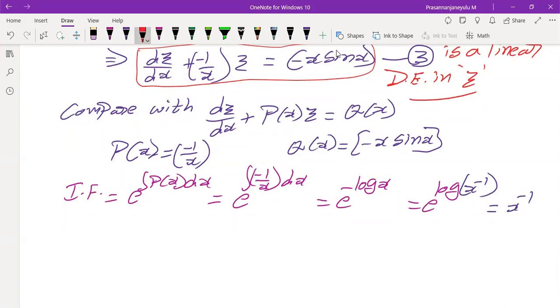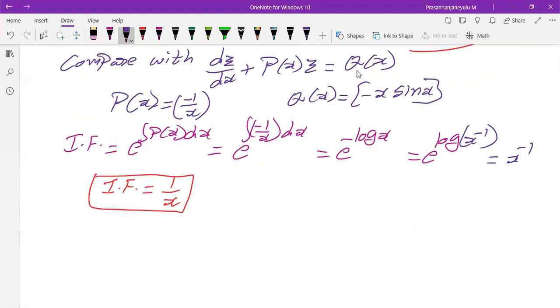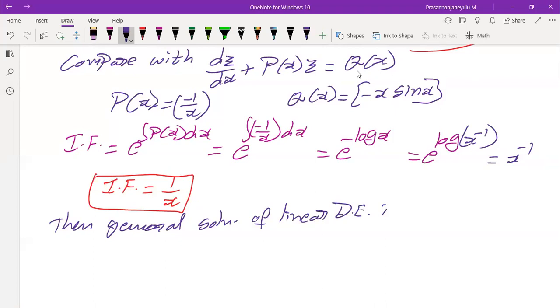So finally, what can we conclude? The integrating factor IF equals 1 by x. When we get the integrating factor, what is the next step? Then the general solution of the linear differential equation in Z. That is equation 3.